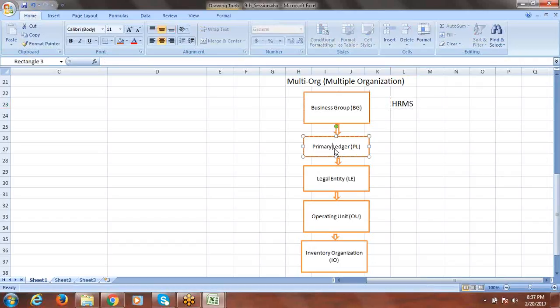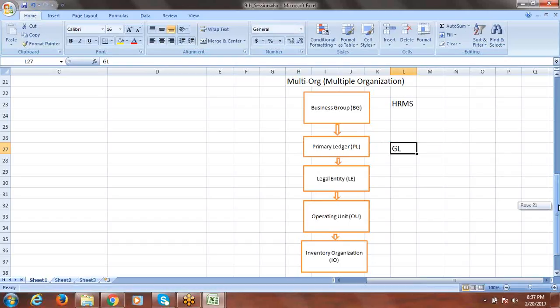Here, when you talk about primary ledger, we can maintain the primary ledger. Where we create the primary ledger, we already discussed in GL. That means we can record the business transaction by using the primary ledger with the support of the general ledger application. That means GL will be mapped at this primary ledger.